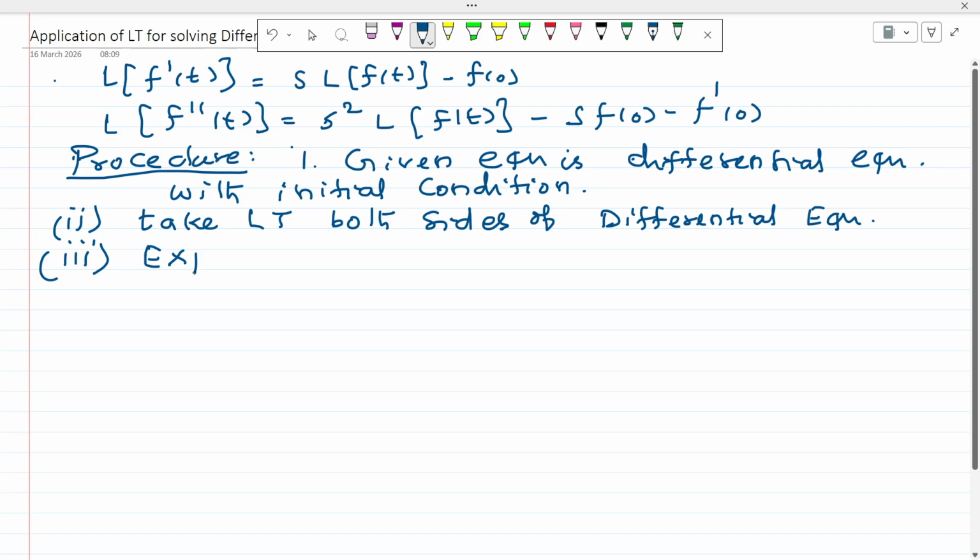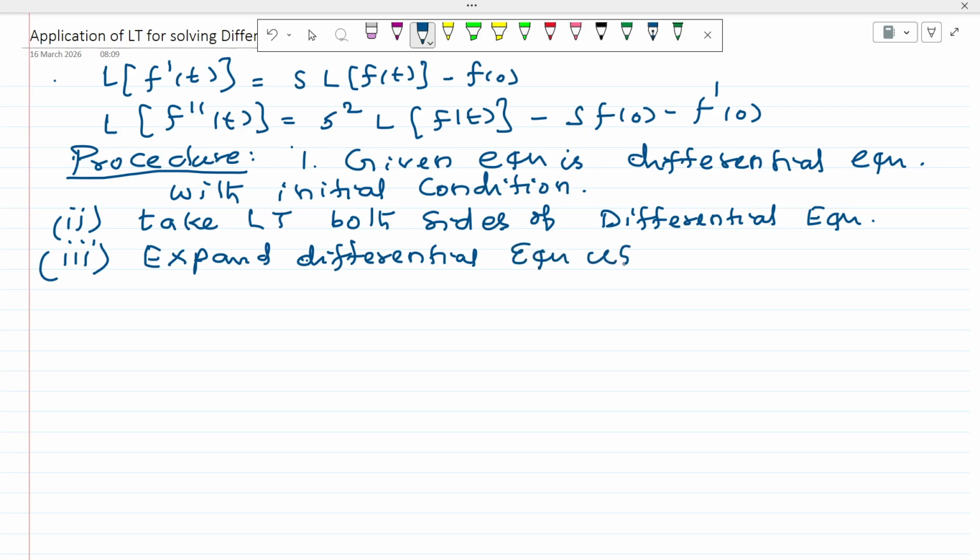Third step is expand the differential equation using Laplace transform formulas.